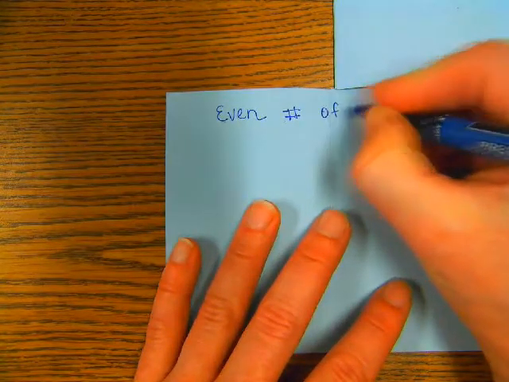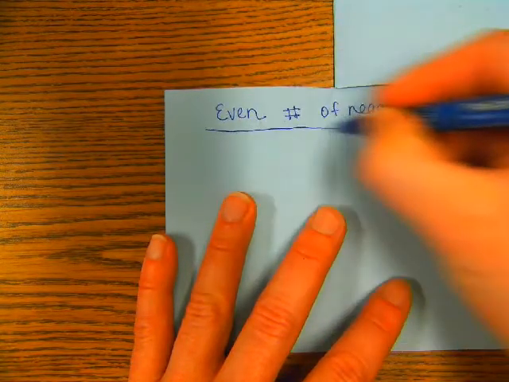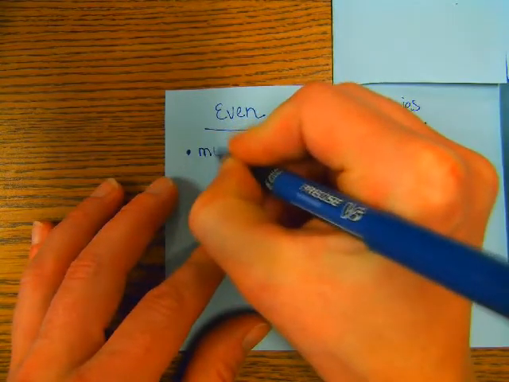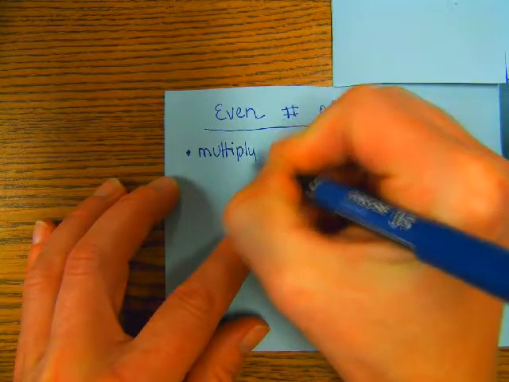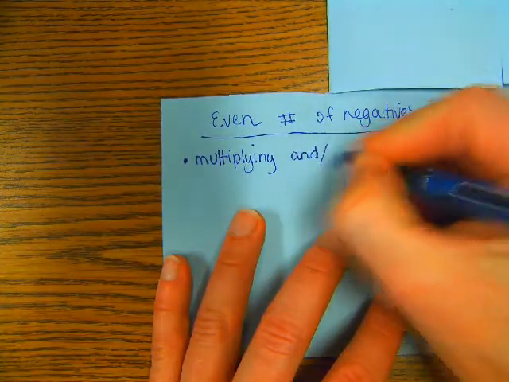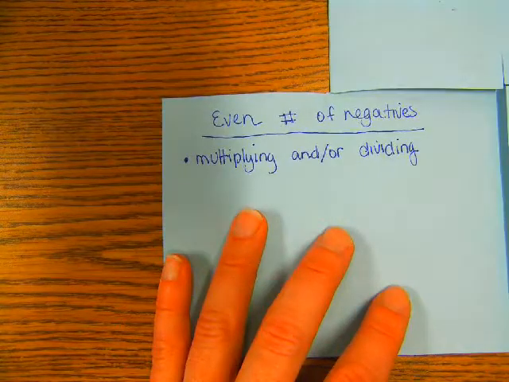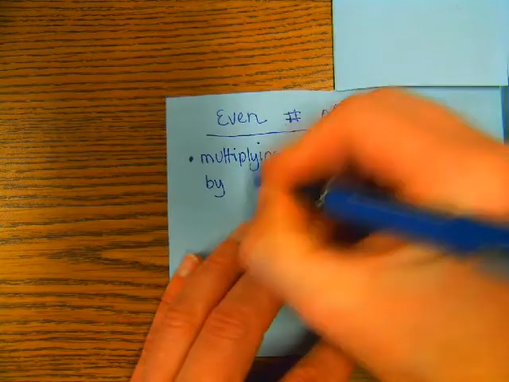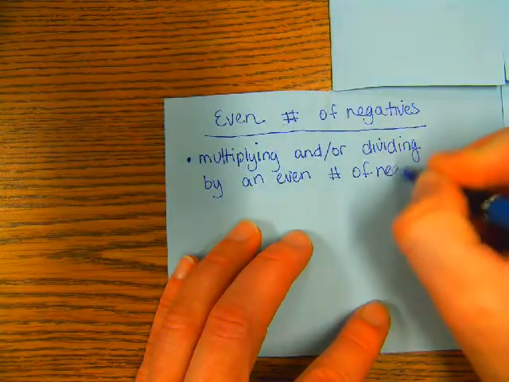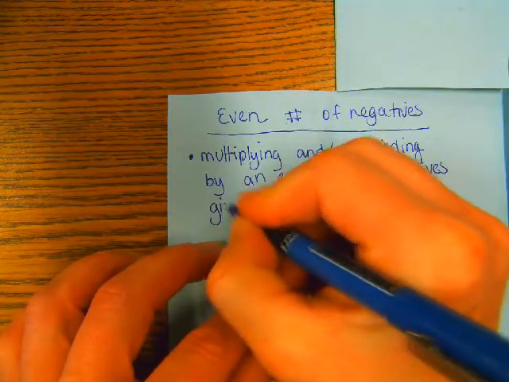When you have an even number of negatives, and this is with multiplying or dividing, multiplying or dividing by an even number of negatives gives a positive result.